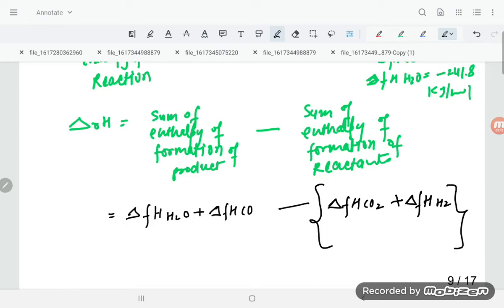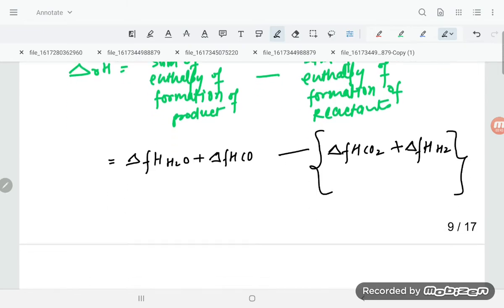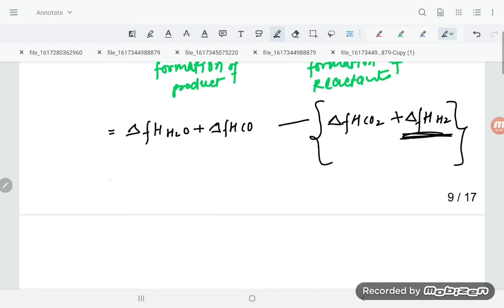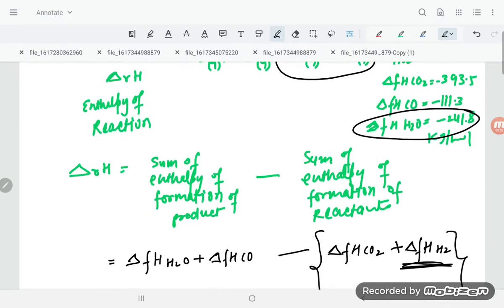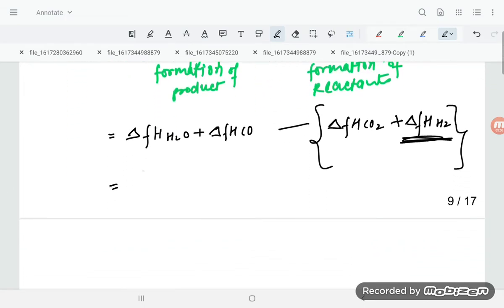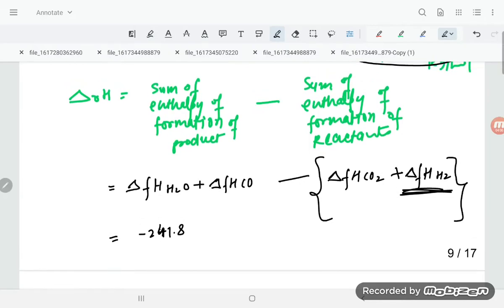Bracket close. For H2, it is the standard state, so its enthalpy will be 0. Here you put the value of H2O, which is minus 241.8.